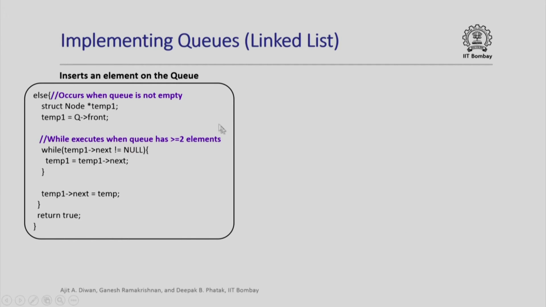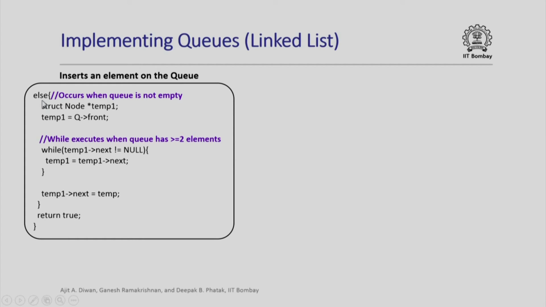Consider I wish to insert an element when the queue is not empty. That is when I will come to the else part. That means it already has one or more elements in the queue. Now I will need, because remember what I said earlier, we will have to actually push the new elements at the end of the queue. But in the case of arrays, I had to keep moving the elements earlier forward so that I could make a place.